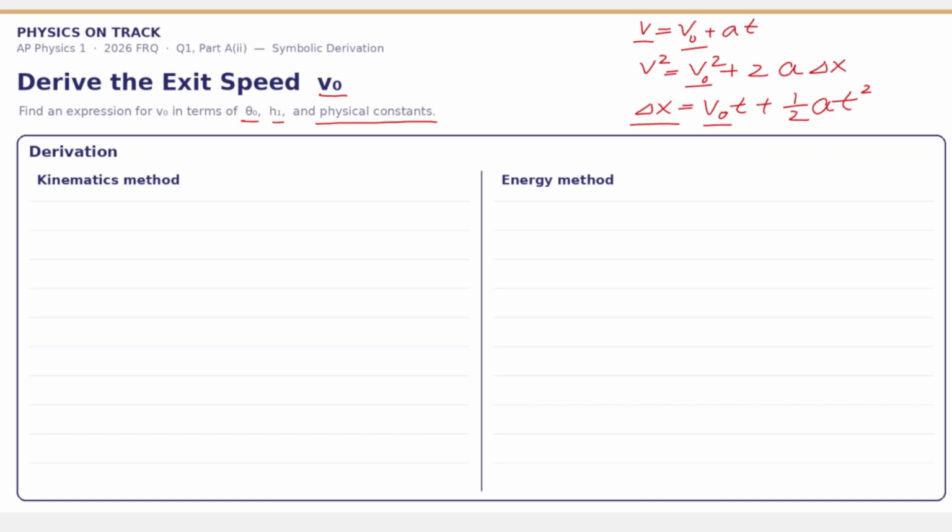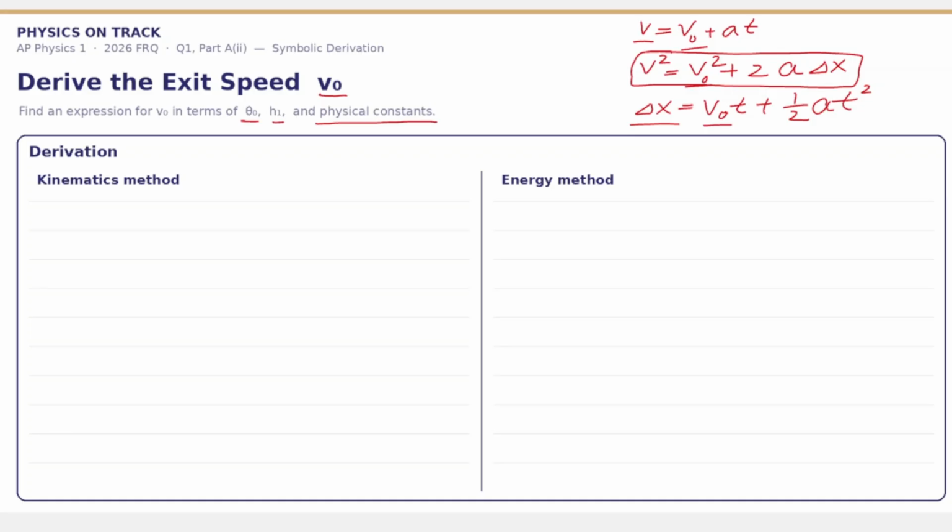So for that reason, we should be selecting this kinematic equation, and you have to write that as the first sentence when you solve this problem. So that is the first part. We write the equation v squared equals v0 squared plus 2 times a times delta x. That is the equation we'll be using.